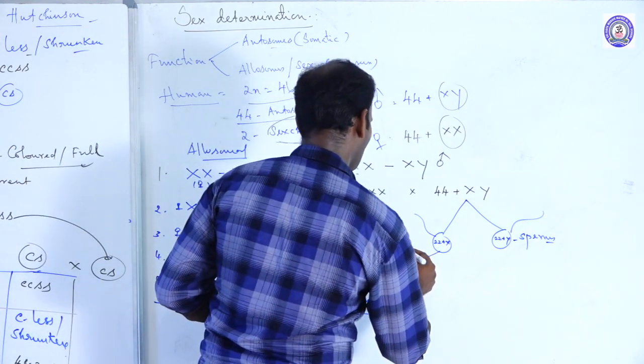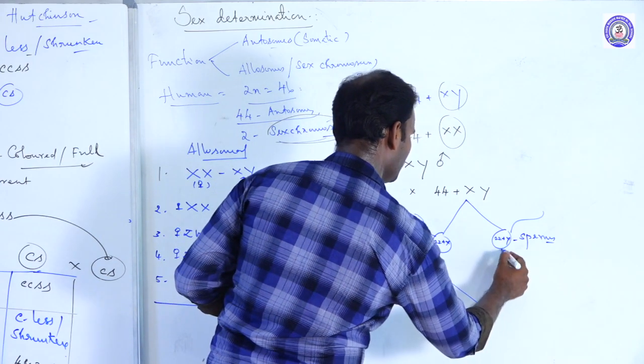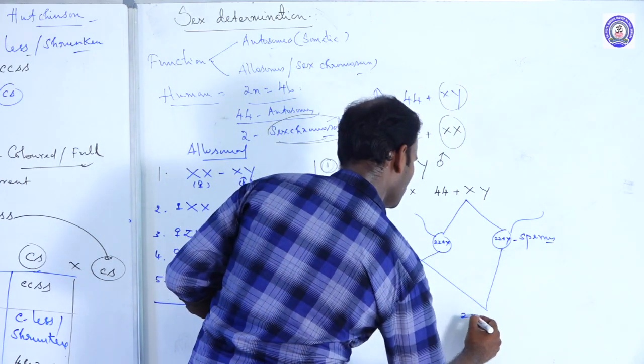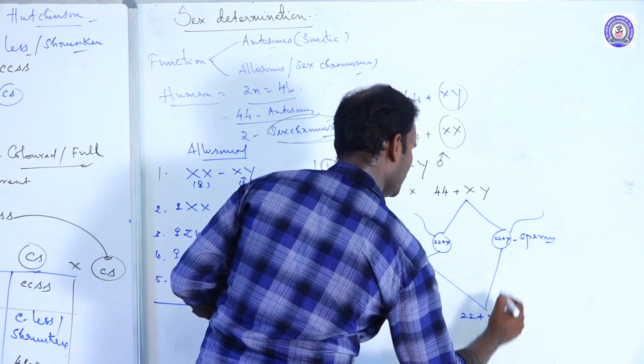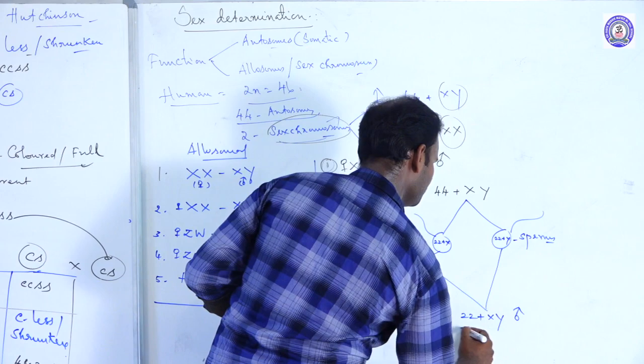Here this 22 plus X fused with the sperm 22 plus Y, offsprings are male.